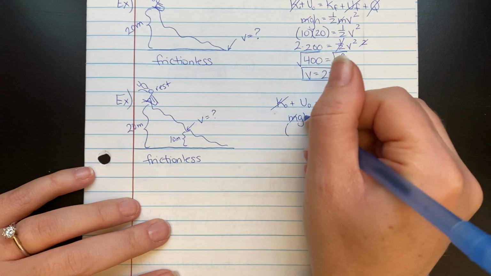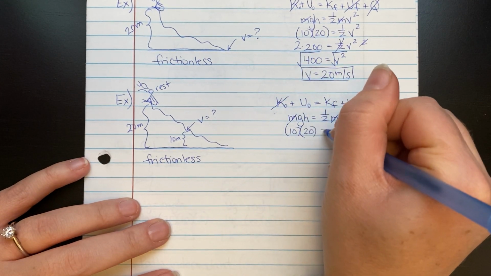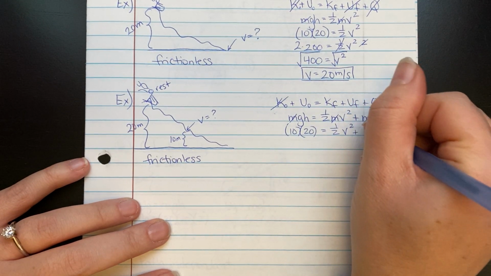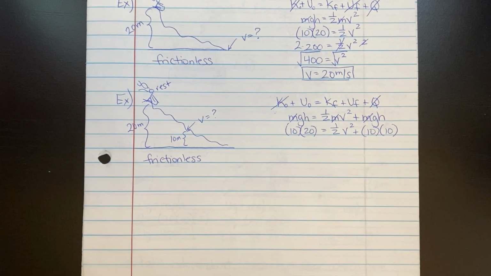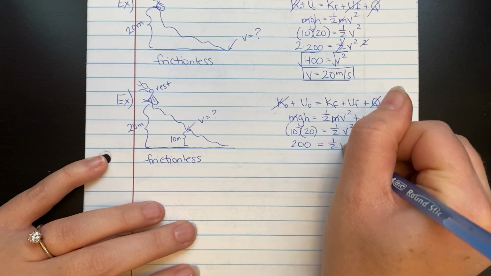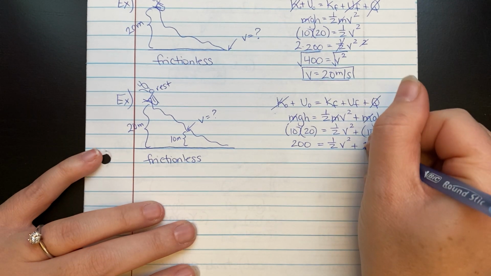So we've got 10 times 20 is equal to 1/2 v squared plus 10 times 10. This is going to give me 200 is equal to 1/2 v squared plus, oh, this is 100.